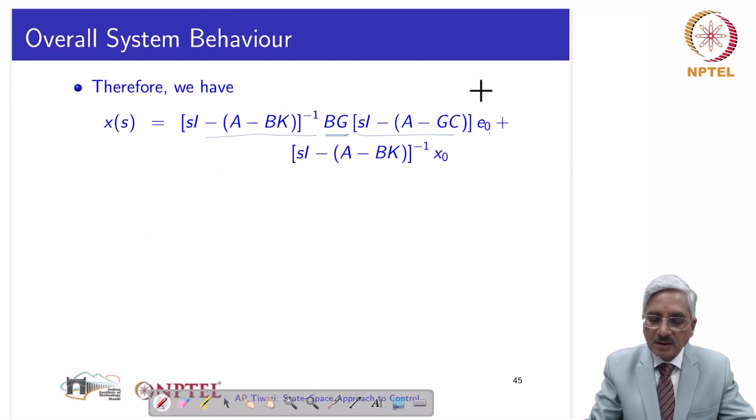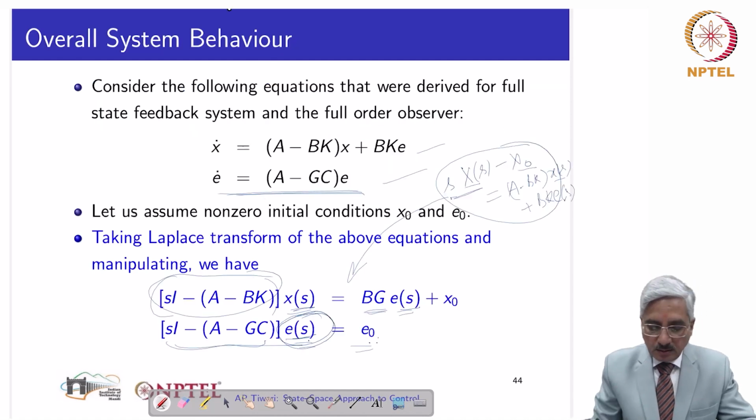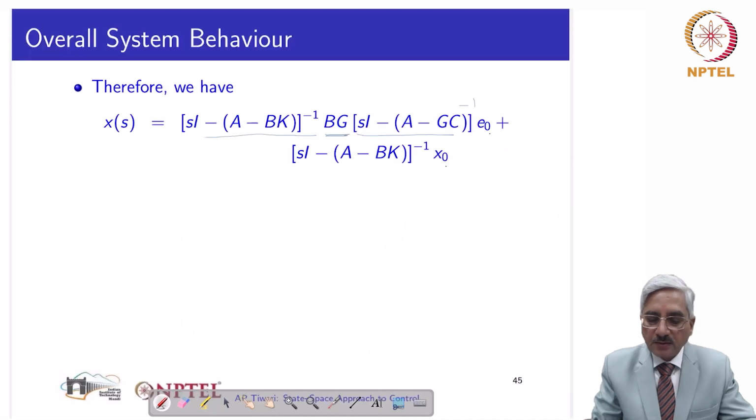So this is what comes here. This should be inverse here. And similarly this inverse into x0. This E(s) will be this inverse into e0. So there was a typographical error, this should be inverse here. So X(s) is given by this.